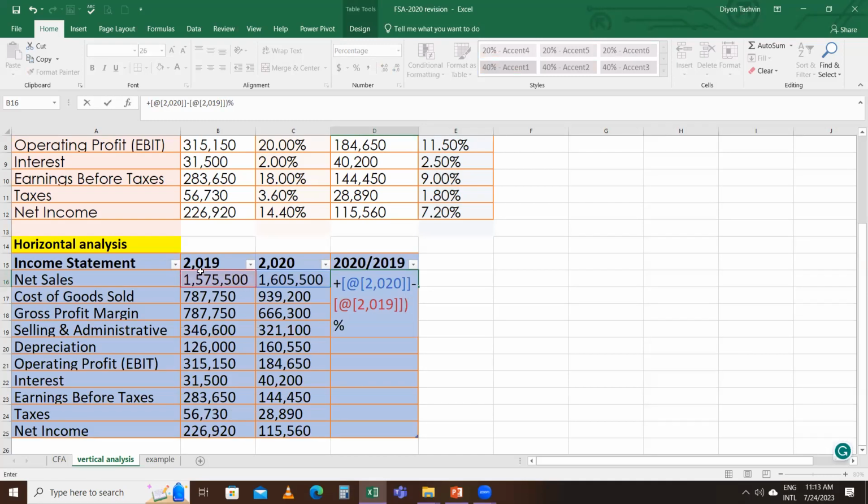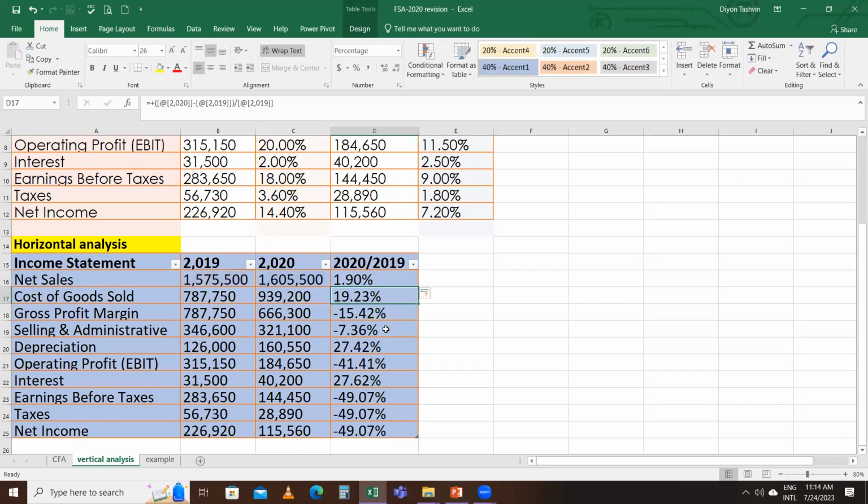Then we are going to divide these changes based on the previous year's figure. So based on that, we can calculate the changes.